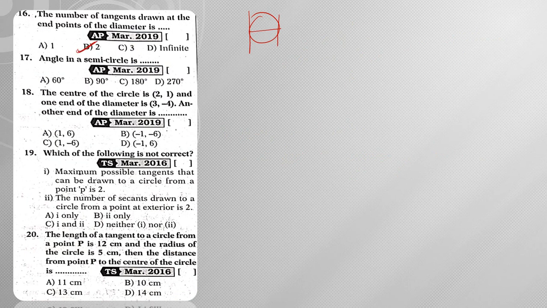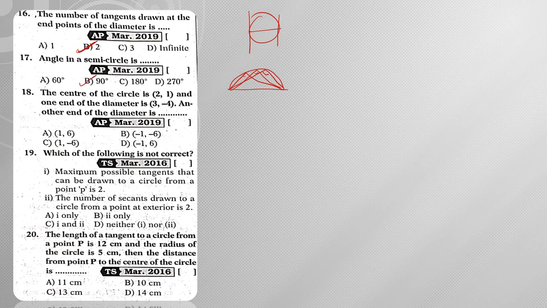Next, angle in a semicircle. So there are two possible conditions here. So the wording you need to understand. If you ask about angle in a semicircle, you need to consider like this. So these all are nothing but angles in a semicircle. If you observe, the angle in a semicircle is always 90 degrees.